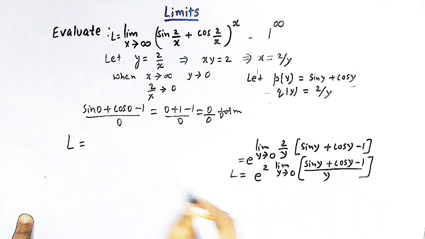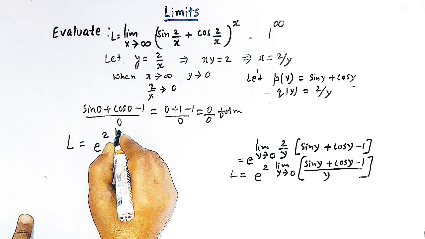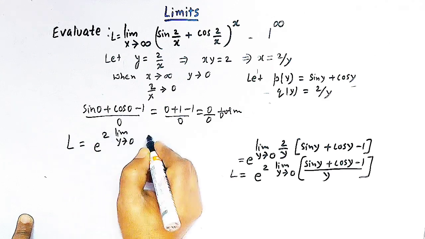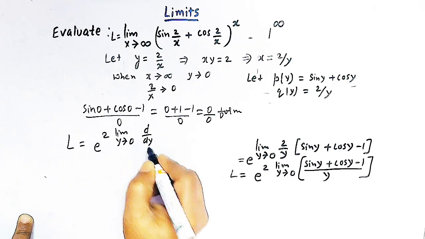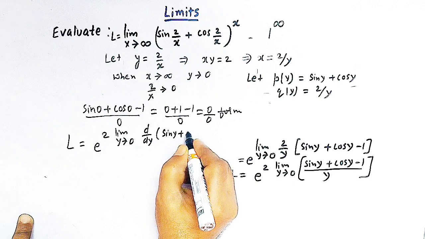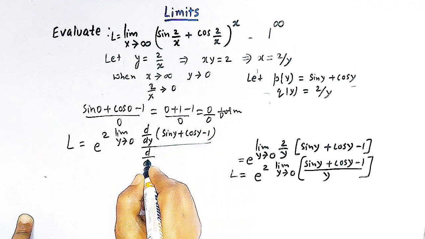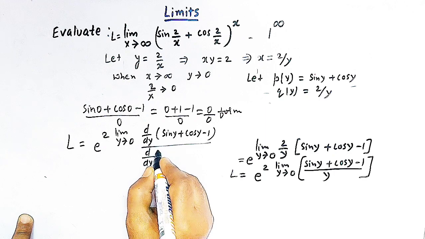So the value of this limit can be written as e raised to 2 times limit y tends to 0, and we have the derivative of the numerator, and then we can now write here the derivative of the denominator.